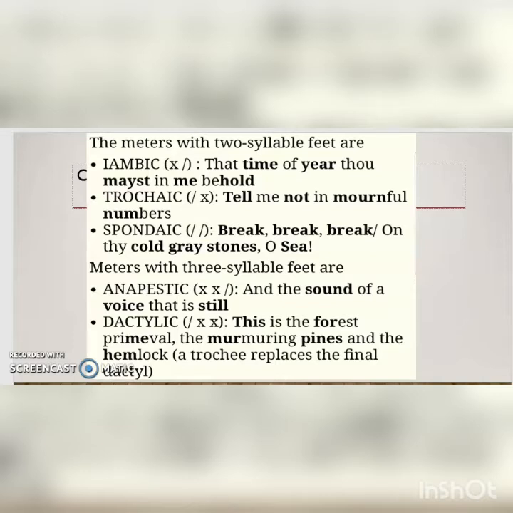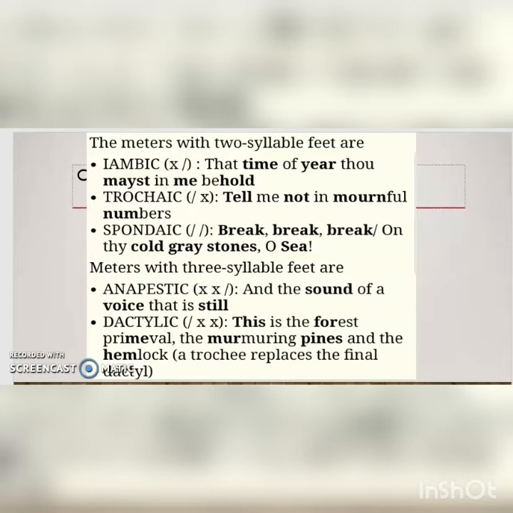Now, with 3 syllable feet. Anapestic: each foot has 3 syllables, first 2 unstressed and third one stressed. I will read this line, and the sound. Now the main word is on third number, sound. So first 2 syllables are unstressed and third one is stressed.